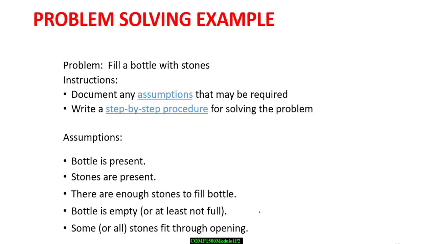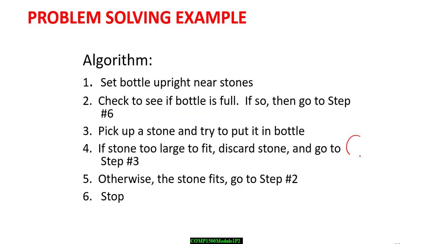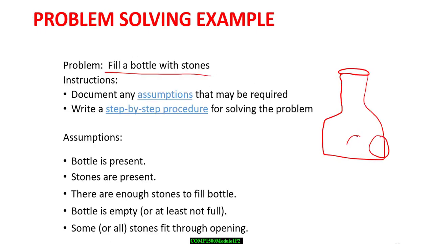So, a problem-solving example. Let's say I want to fill a bottle with stones. I have a bottle. Hopefully I can draw one. Okay. We have a bottle and we want to fill it with stones. How do we fill this bottle with stones? So this is our question. It looks simple, but look at the assumptions.